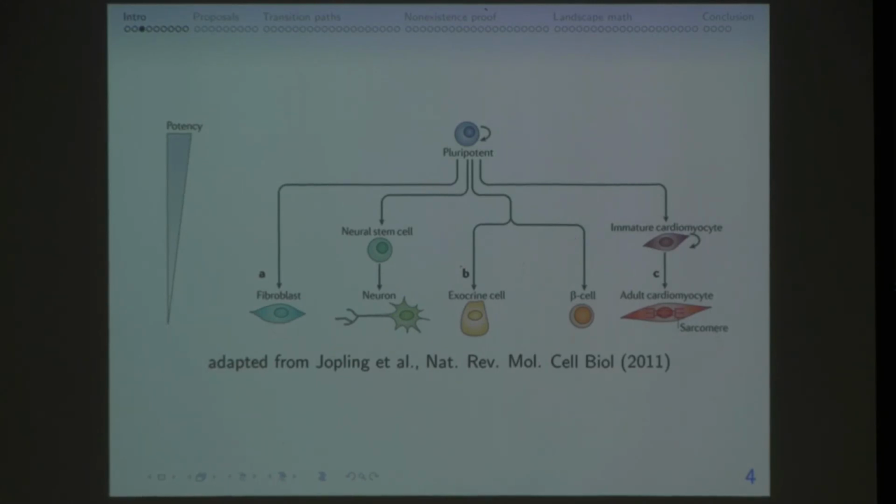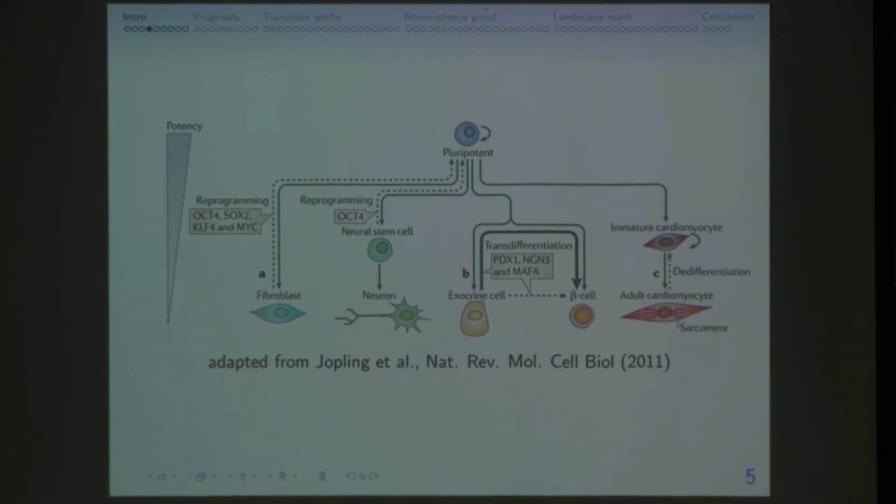So the important thing in this paradigm is that I can't go backwards, and I can't switch from one branch to another branch, and I can't skip any steps. But it is biologically true that people have done experiments indicated by these arrows here.